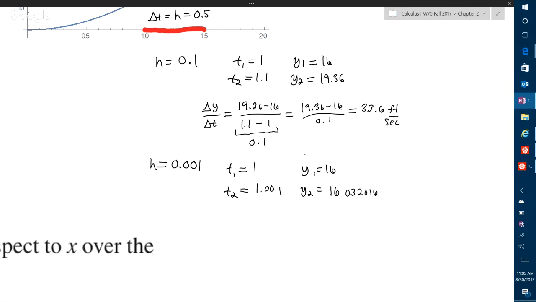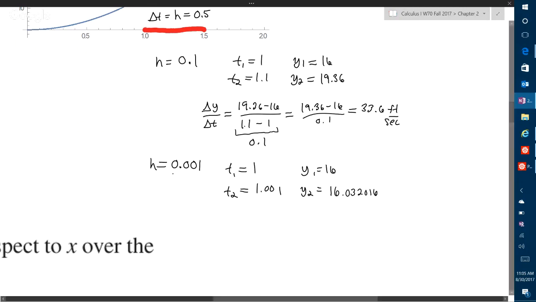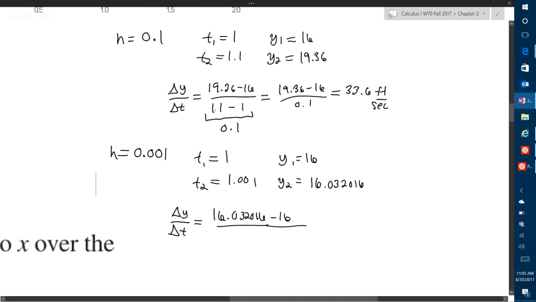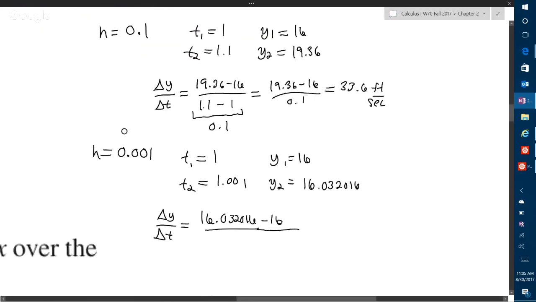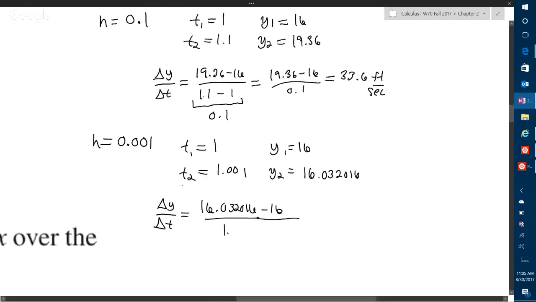Okay, so the change in y divided by the change in t, 16.032016 minus 16 divided by 1.001 minus 1. And of course, this is going to give us an h value of 0.001.